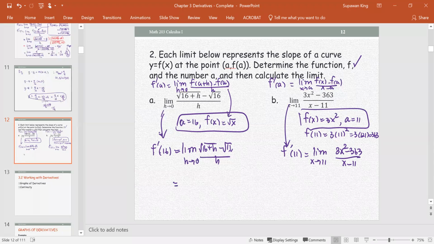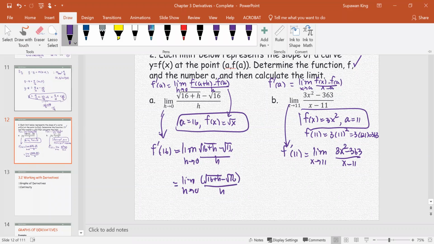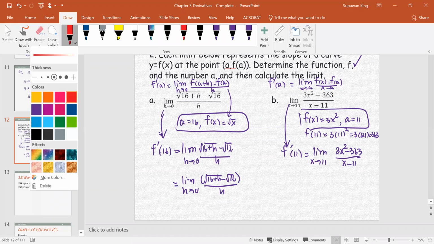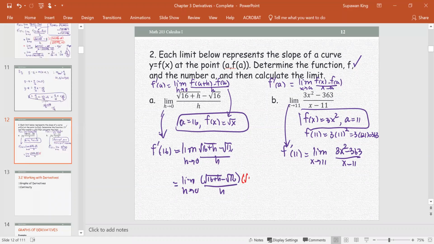In part A, we have the radical involved in the expression, so we are going to multiply by the conjugate, both top and bottom. Multiply by square root of 16 plus h plus square root of 16.